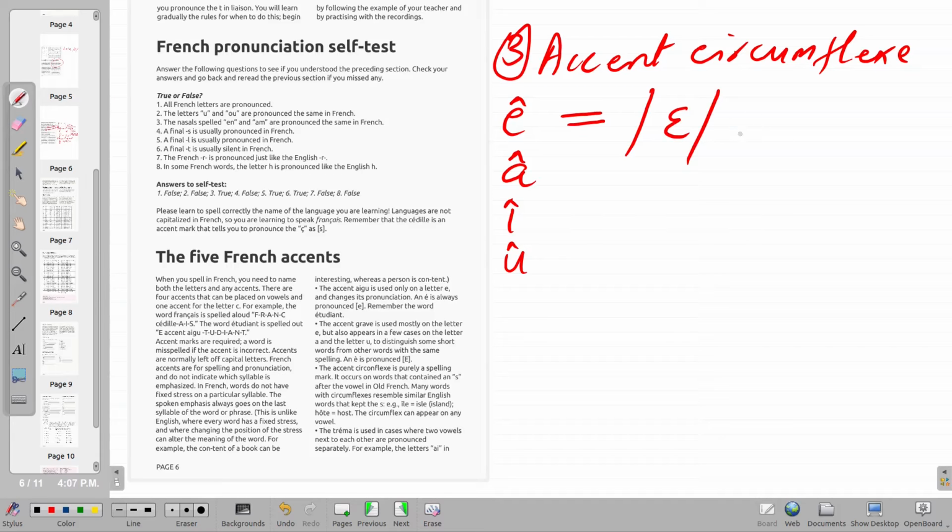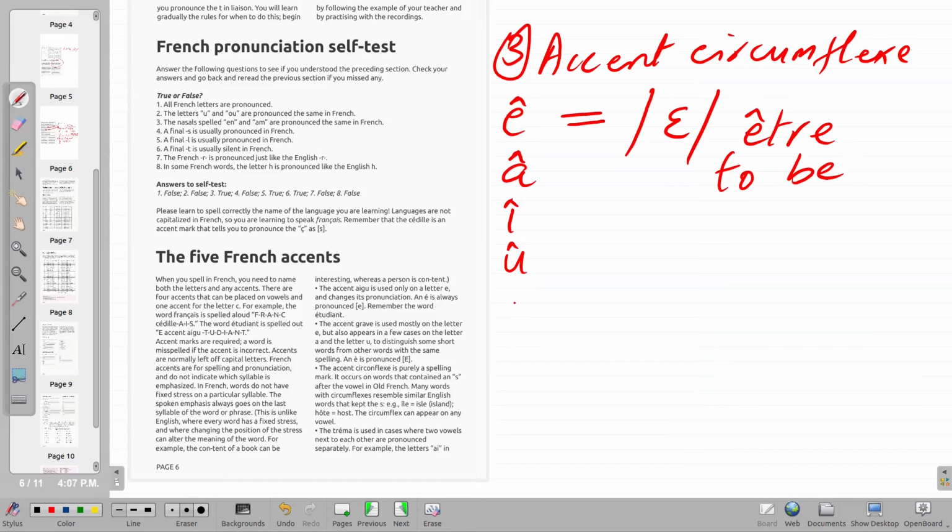So an example which you will run into all the time is être, which means to be. Être. So accent circumflex, when you see it on an E, you pronounce it as è.